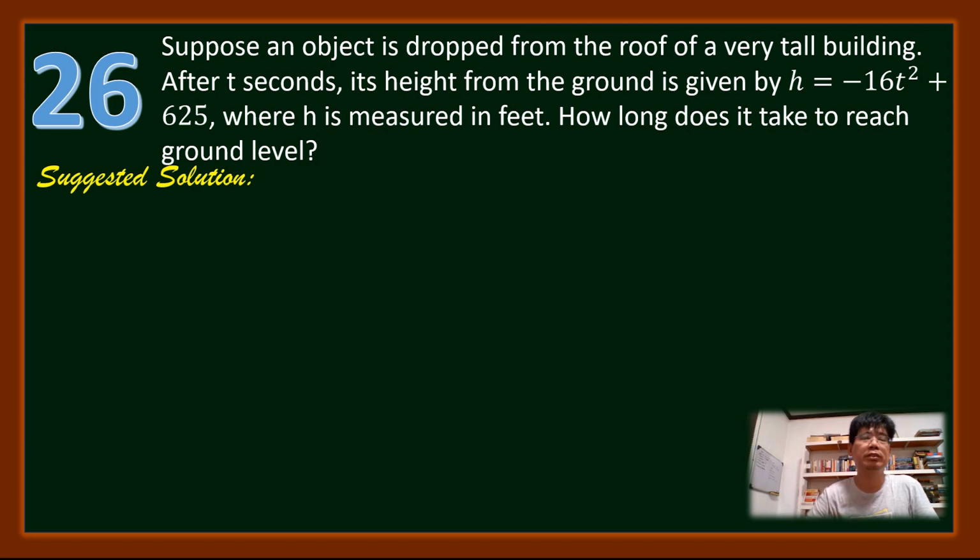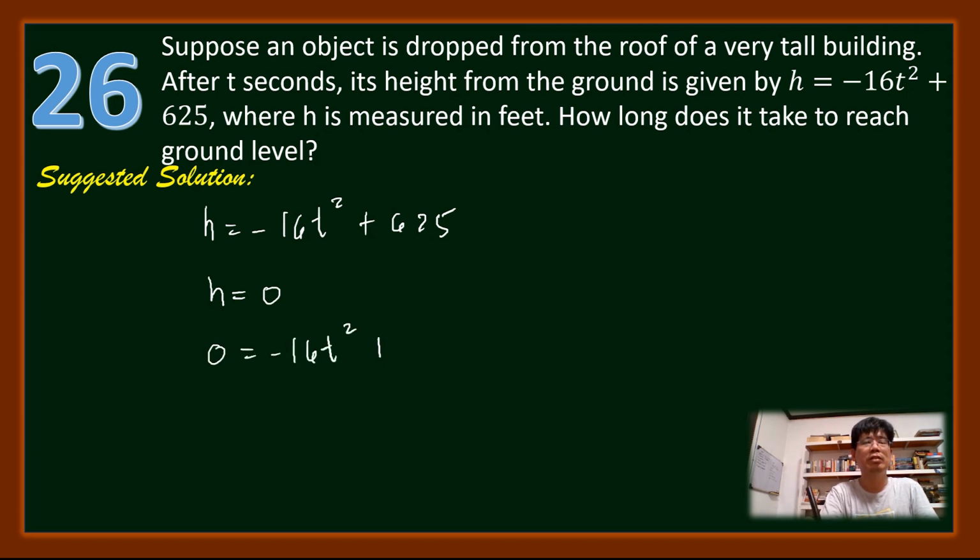For our suggested solution, we are given the function h is equal to negative 16t squared plus 625. For the object to reach ground level, h must be equal to 0. Then we have 0 is equal to negative 16t squared plus 625.